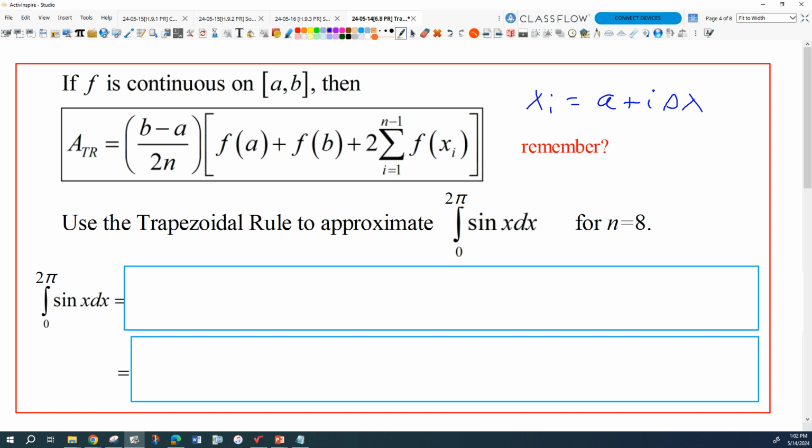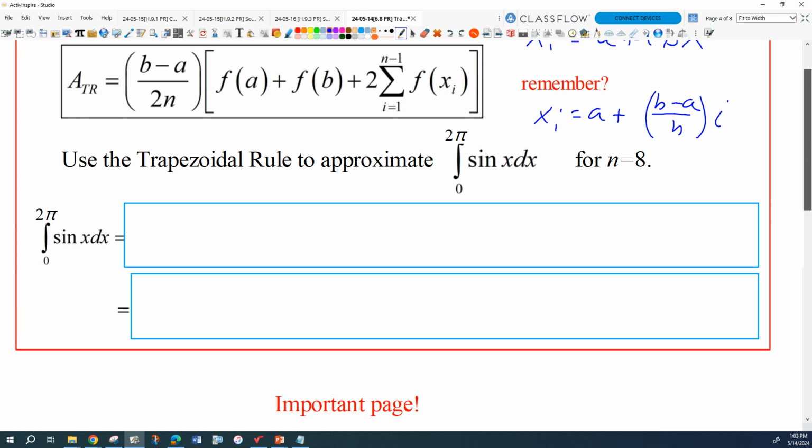So we could write delta x as just b minus a over n. But we won't write it that way ever. When we're doing the trapezoidal rule, we'll just calculate what delta x is. It's just going to be some fraction, and then we know what it is, and we just plug it into that formula.